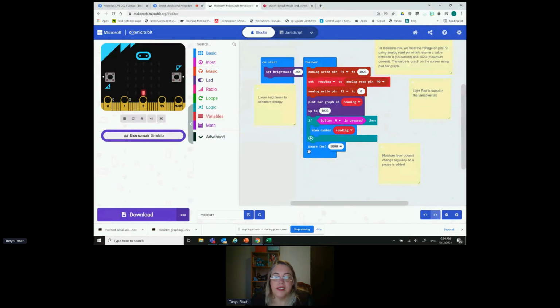Now, again, that pause will allow us to conserve the battery, but also the moisture level didn't change regularly.